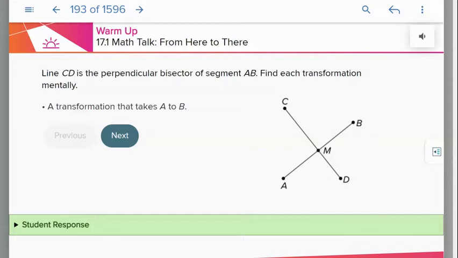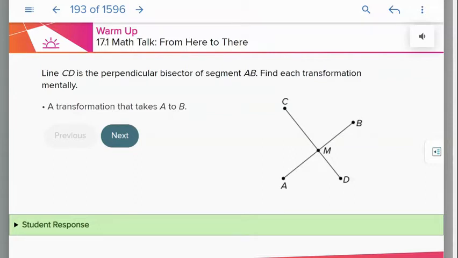Would a reflection of point A across line CD work? Yes, a reflection would work. What about a rotation of point A around the center of rotation M, 180 degrees?